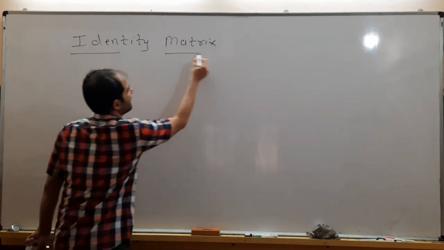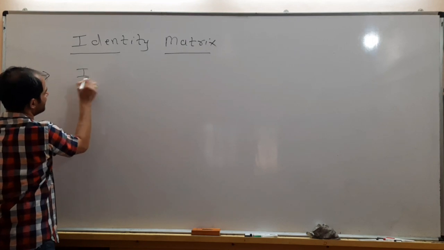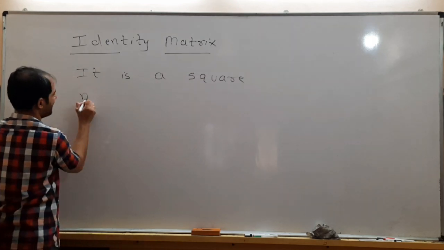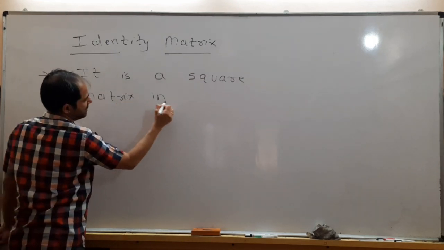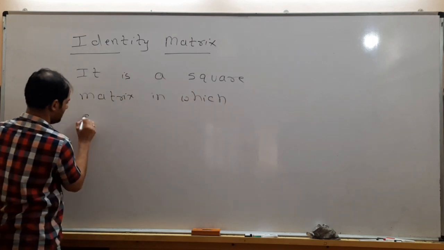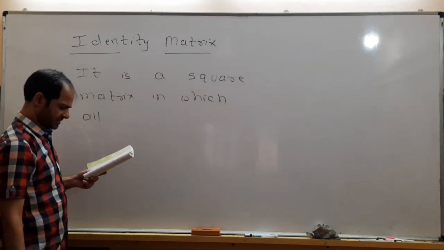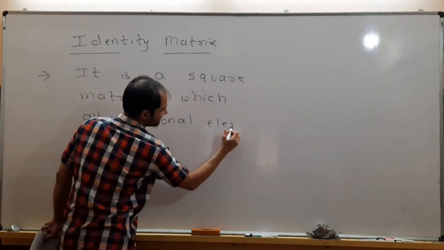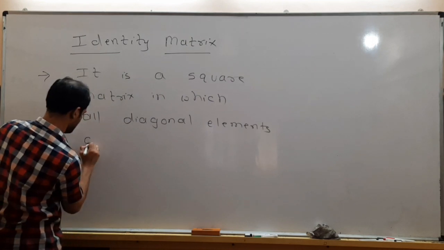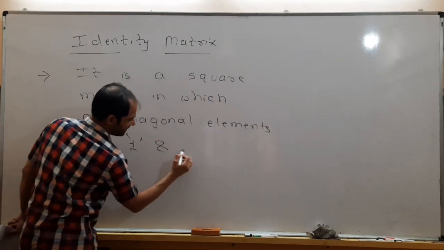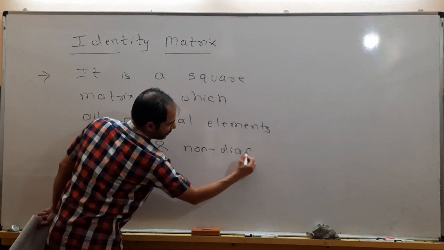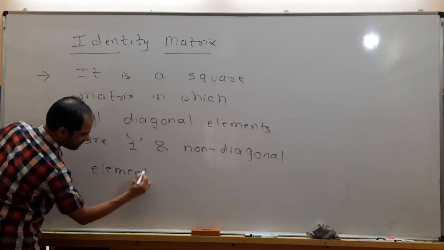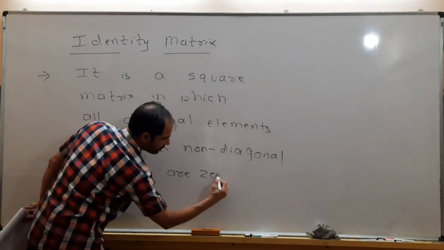What is an identity matrix? It is a square matrix in which all diagonal elements are 1 and non-diagonal elements are 0.